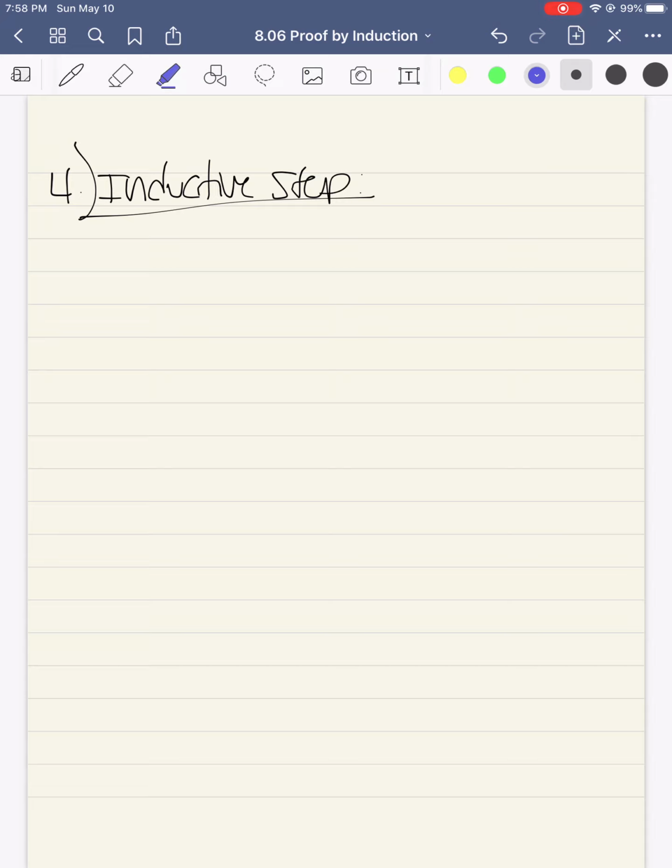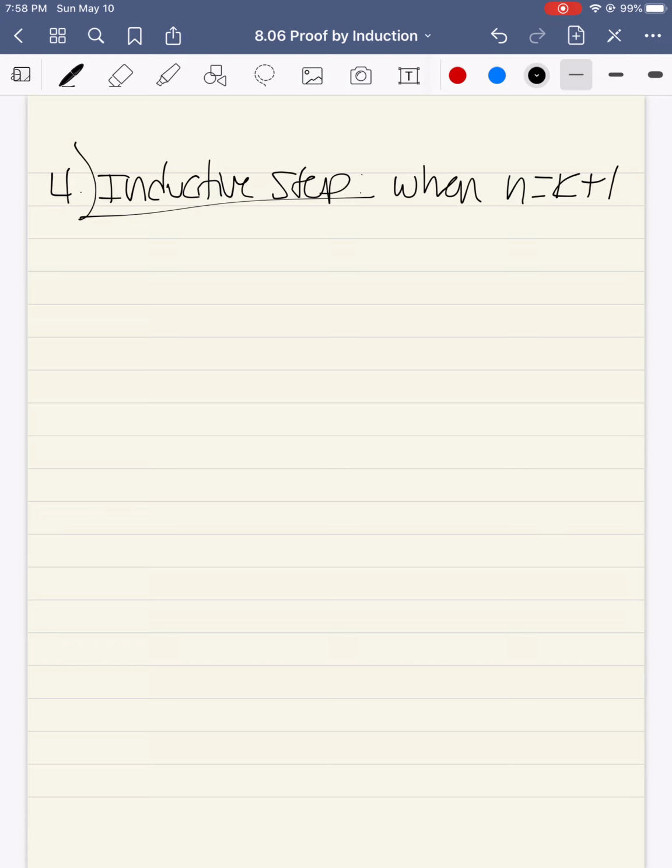And so, okay, we've done all of that, and now the inductive step says, I need to prove the theorem is true when n is equal to k plus 1. If we can show that the theorem is true when n is equal to k plus 1, then we're allowed to say that the whole claim is true. So let's go ahead and jump into this.